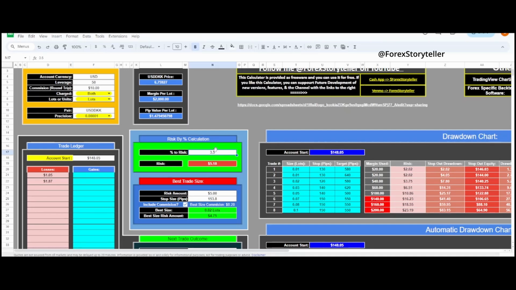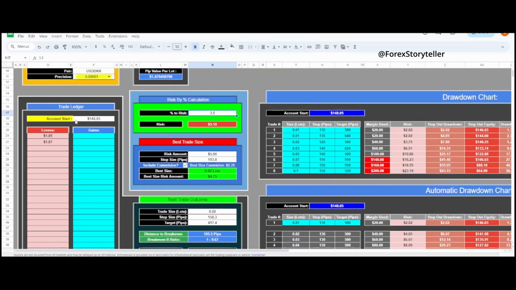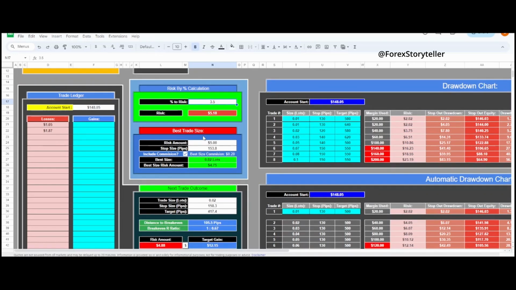But basically, you're just looking at a percent of your account to risk. So if I was looking to risk 3.5% of the account, I'm looking at risking $5.18. That's going to be based off of this account start that you're going to fill out here in the trade ledger. You're going to want to put that in first, and then that'll figure, based on your account balance, how much you're risking.